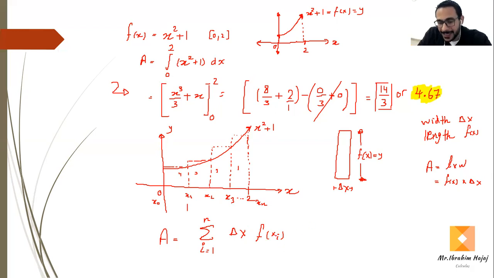It may be the sum of some x's here. Okay, this is also a way we can find the area, but not the exact area. Pay attention, please. Not the exact area. It's the approximate area. Okay, till now it's clear.